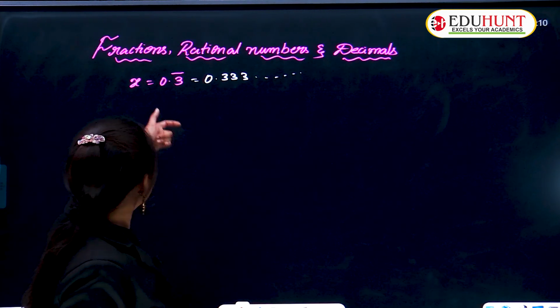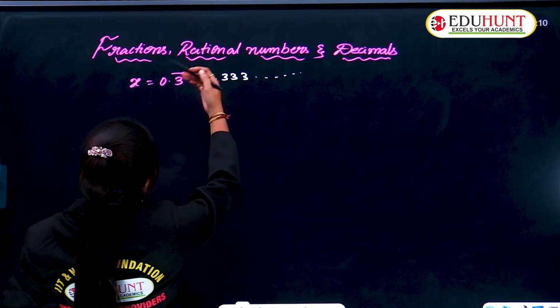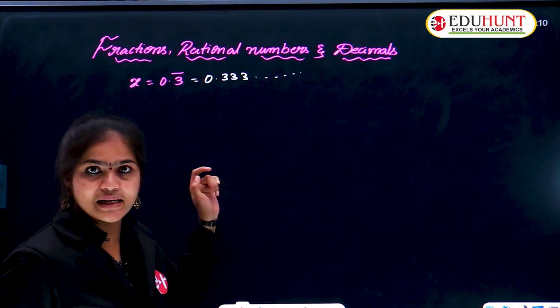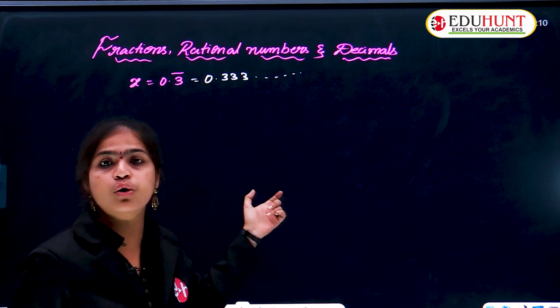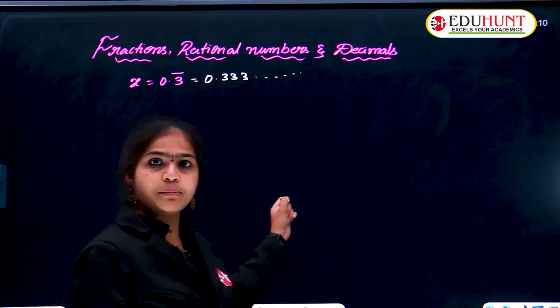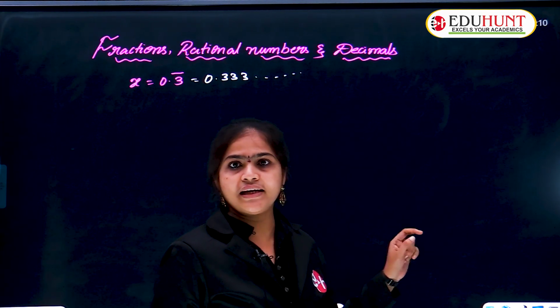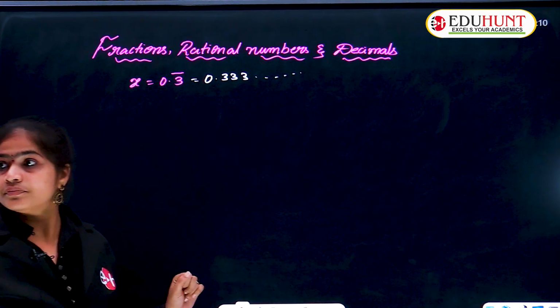The number which has the bar symbol on it is the number in repetition. Then we call it a non-terminating recurring decimal.